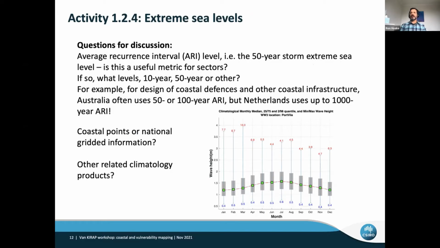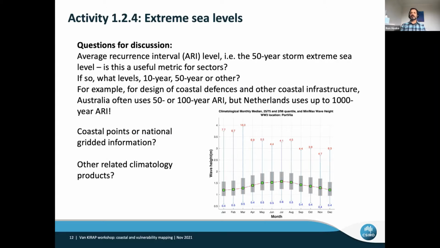So, I guess in a quick nutshell, that's the way we are planning on delivering the information for this sub-activity 1.2.4.1, which is really the national scale preliminary data for this activity.